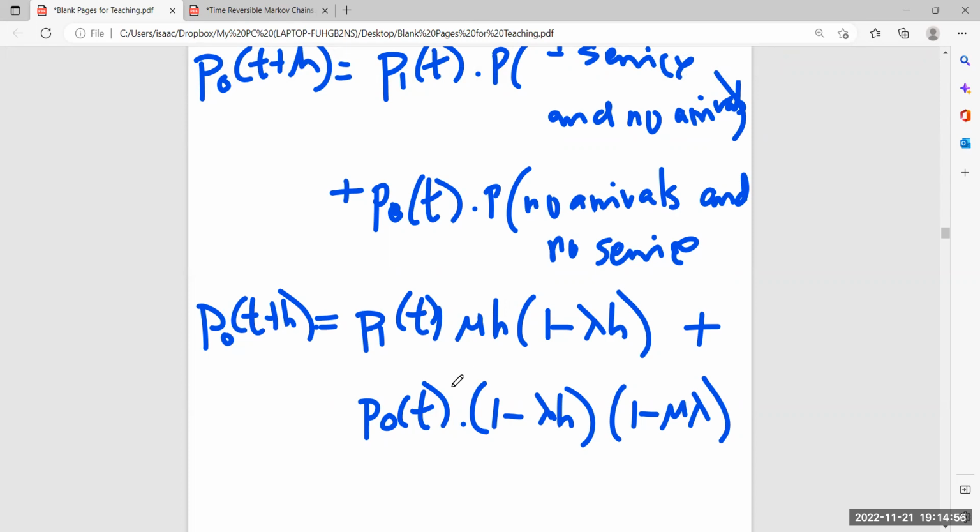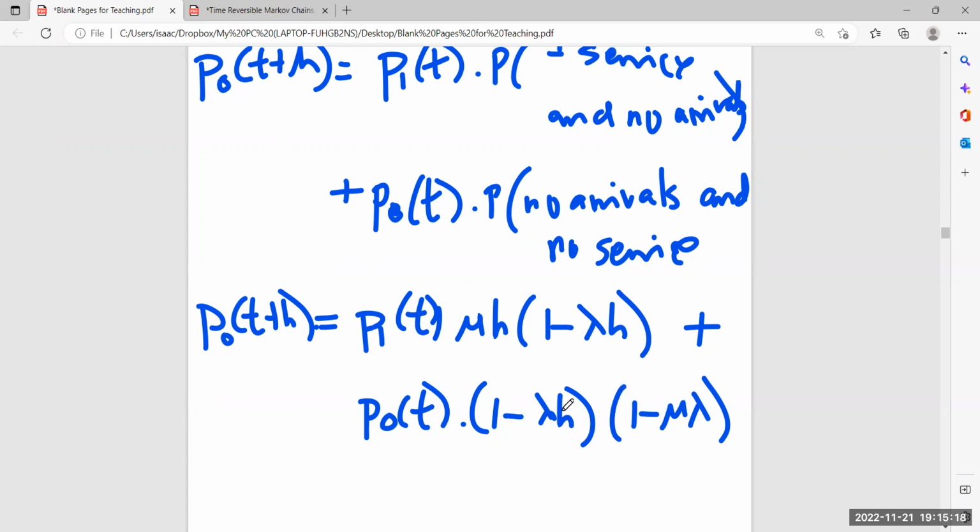What I'm saying is this now. Suppose I have 0 persons at time t. In that small interval, what must happen to have 0 at time t plus h? I must have no arrivals, so nobody should come in.